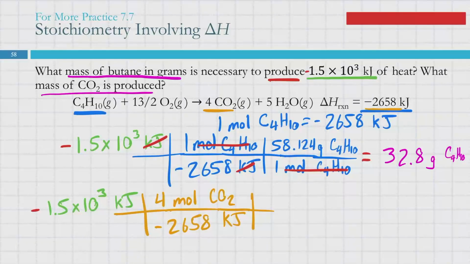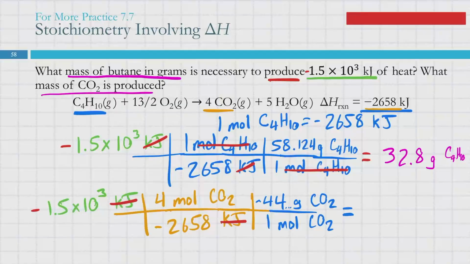And we would need the molar mass of CO2, and I think 44 is close enough if my brain is being nice. Just for expediency, I'm not going to calculate it. Okay, so our kilojoules, we do our conversion between kilojoules and moles of CO2.